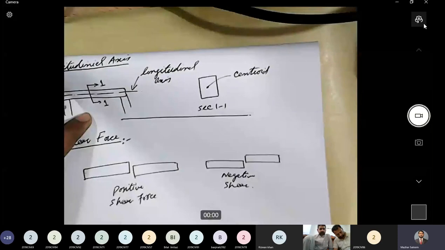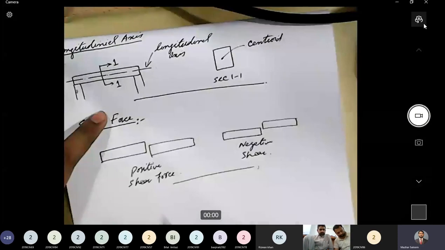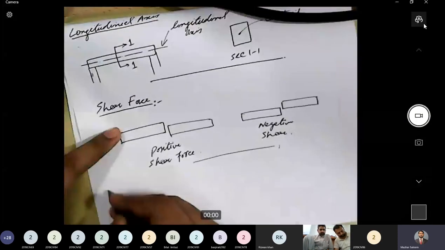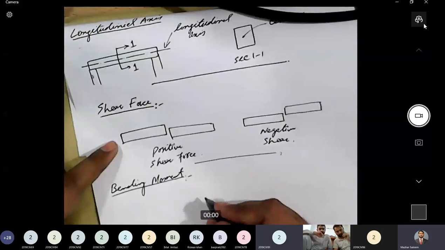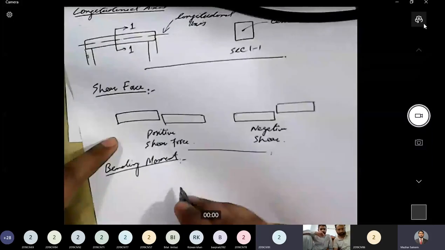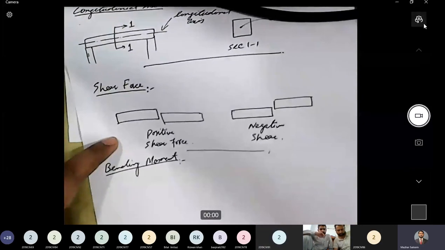Then the next important basic concept is bending moment. Now what is bending moment? It is the moment generated, not due to the shear force, but due to the applied loading.